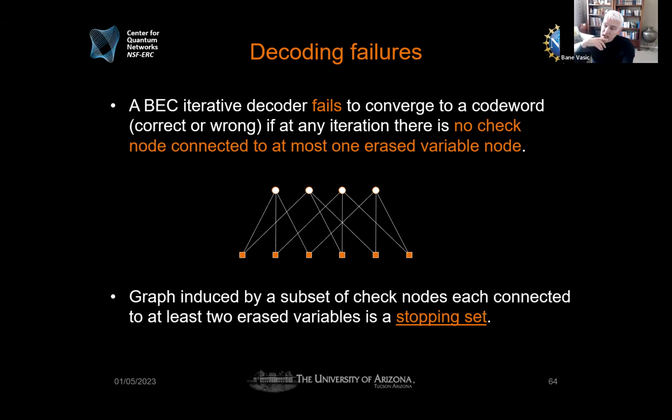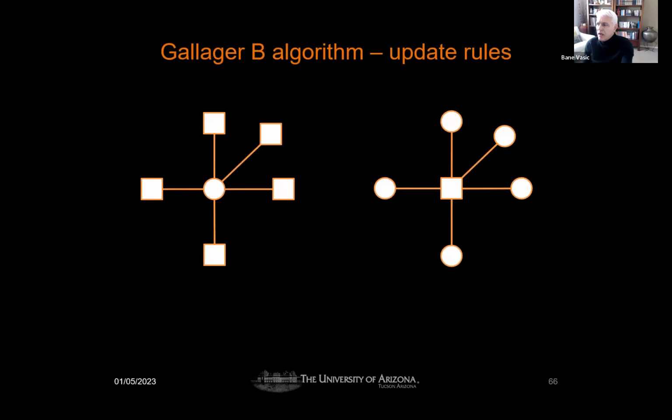decoder. And when we design codes, we need to design graphs. We need to design parity-check matrices to avoid these configurations. So the situation is a little more complicated when we work in the binary symmetric channel. So for binary symmetric channel, I will describe intuitively one decoding algorithm that we'll call Gallagher-B algorithm.